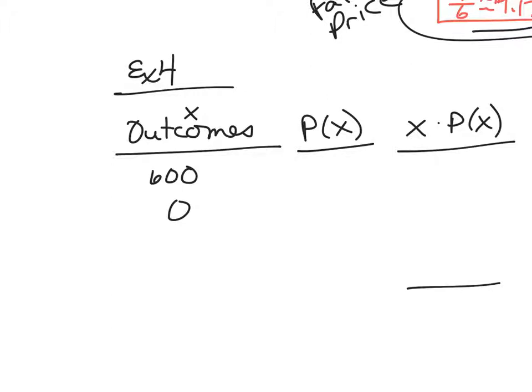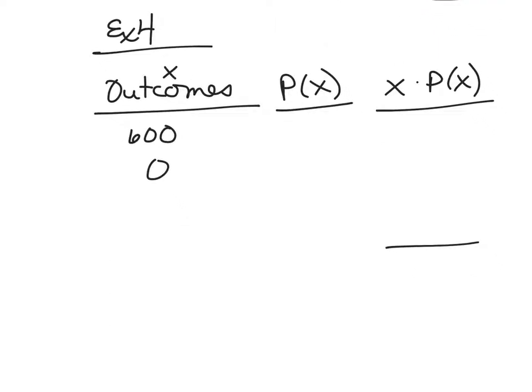Now we've got to find the probability of each of those, which means we've got to think about all the different things that can happen if I have 3 digits in sequence.